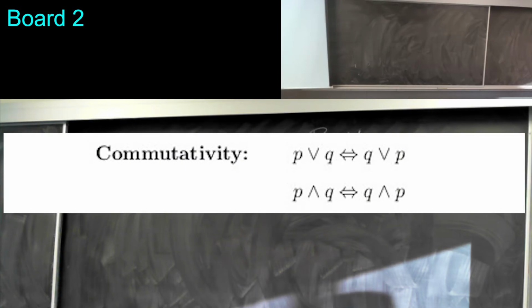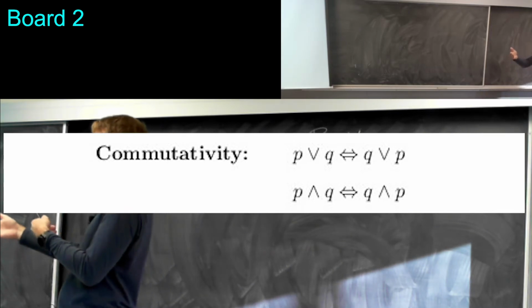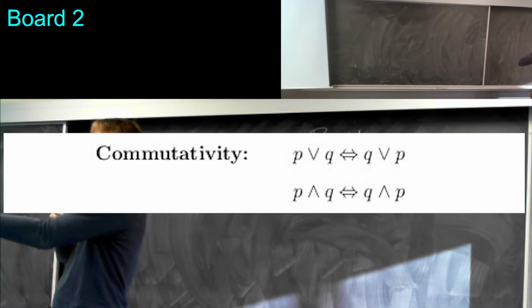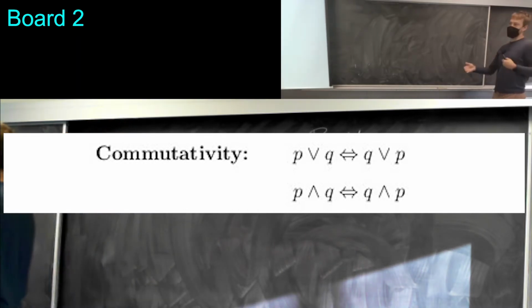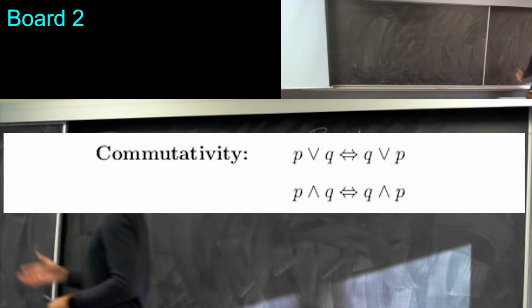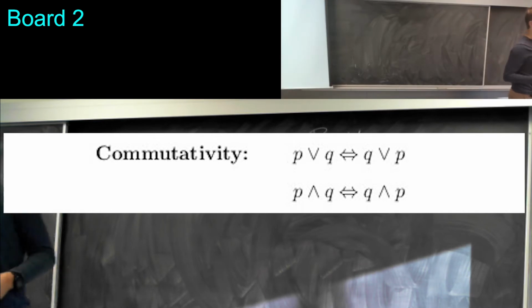Commutativity, this is something I may have even accidentally done in class. It's kind of obvious, right? P or Q is the same as Q or P. You can switch the order. P and Q is the same as Q and P. By the way, all of these words have some real meaning in mathematics.